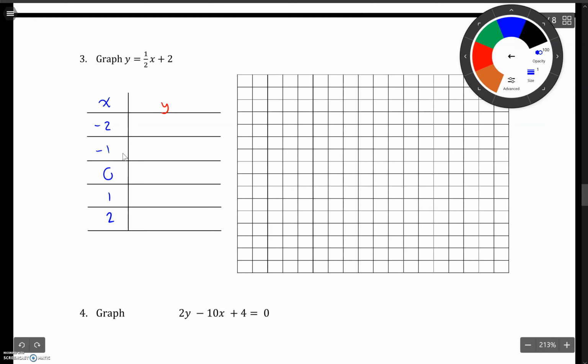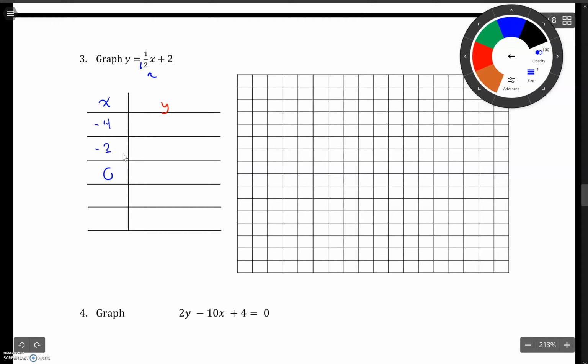So we might want to adjust the values we choose for our tables of values so that we only get whole number inputs. To figure that out, whatever value is in the denominator, we're going to ensure that our x values go up based on multiples of that value. So because our denominator is 2, my x values are going to go up or down by 2.